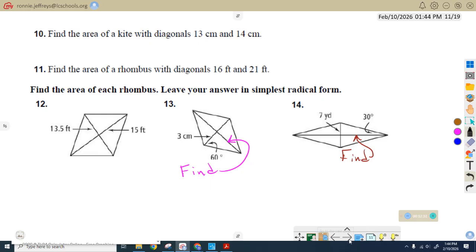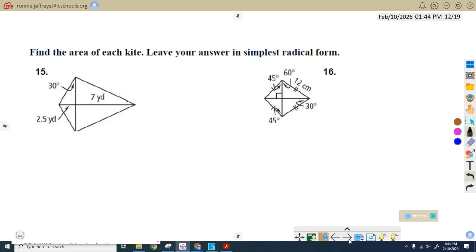And 15, I want you to find this length. I forget how to do this one. I'm only going to ask you to find this right here. Let me redraw that. That's a bad one. This, because there's a lot going on right there.